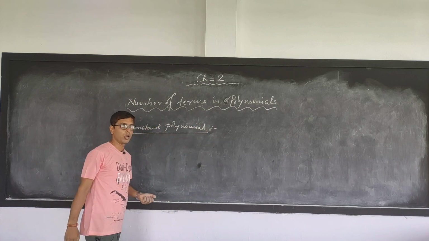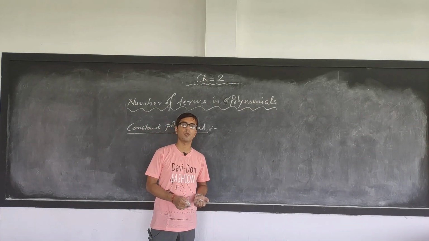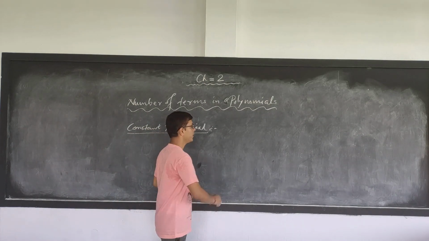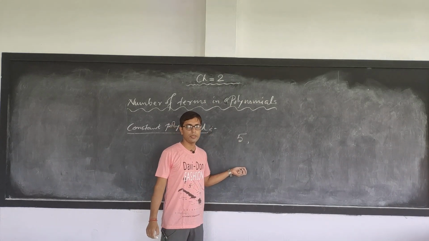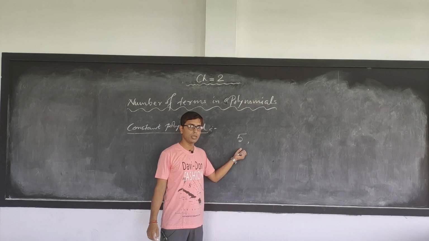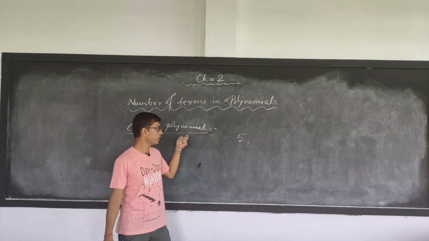Suppose I have 5. It's a constant term, right? Only one term is there, and it is a constant term. Therefore it is a constant polynomial.